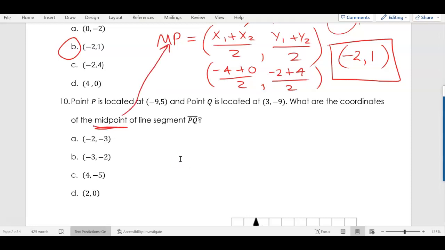So x1 plus x2, so I'm going to do negative 9 plus 3 divided by 2. And for my y's, I'm going to do 5 plus negative 9 divided by 2.